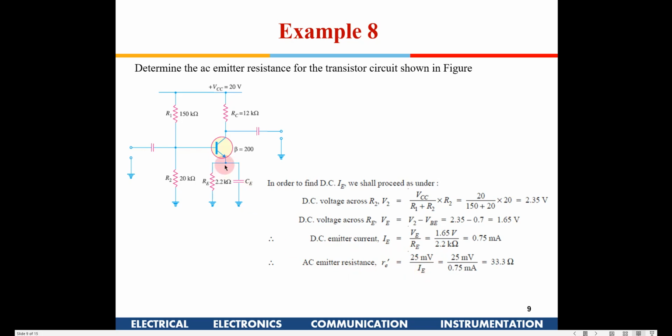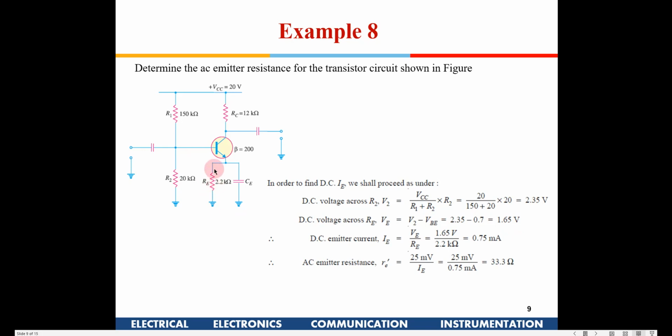To compute IE, we have these two resistances and this is the bias voltage. So we compute what is going to be the voltage here. This is 2.35 and then this is 0.7 volt. If you remove that 0.7 from 2, I get 1.67, so 1.65 is the voltage which is available here.